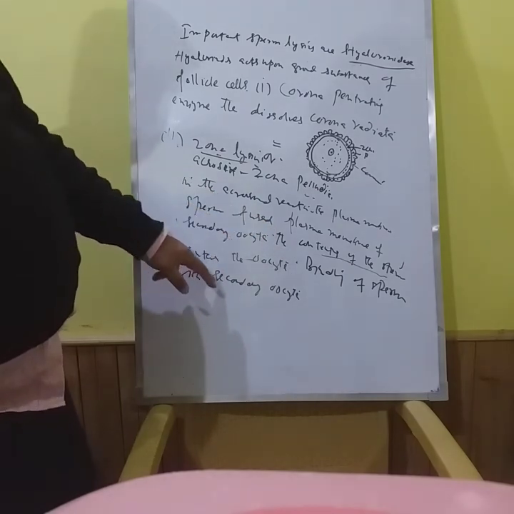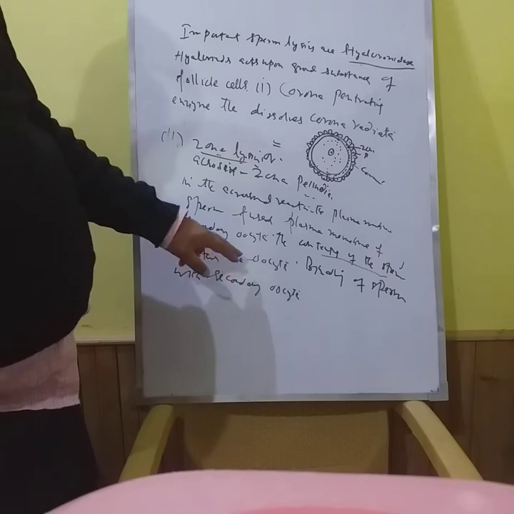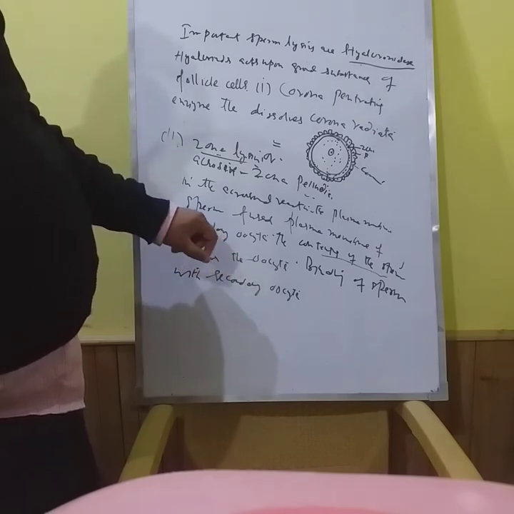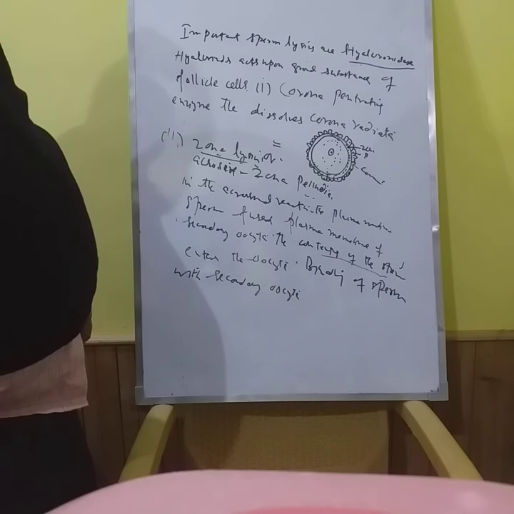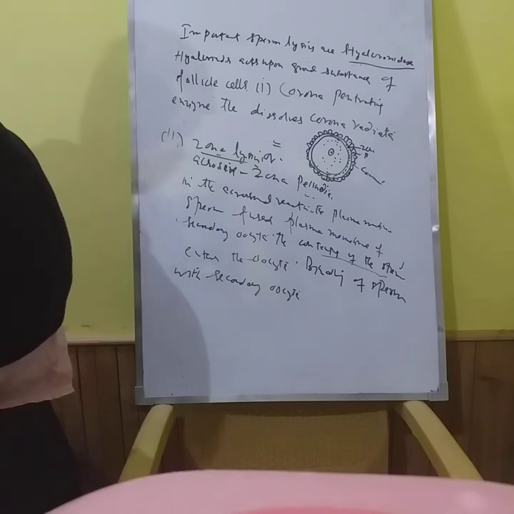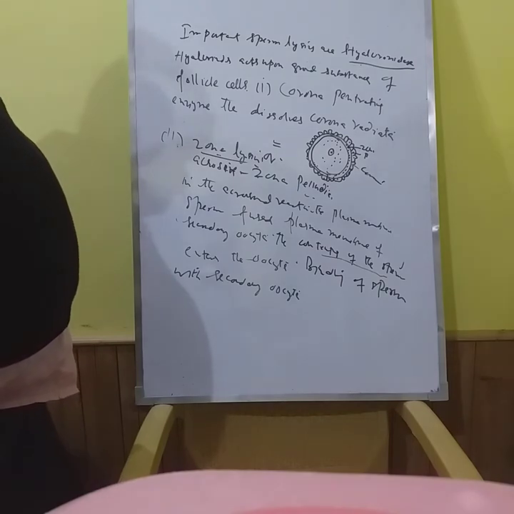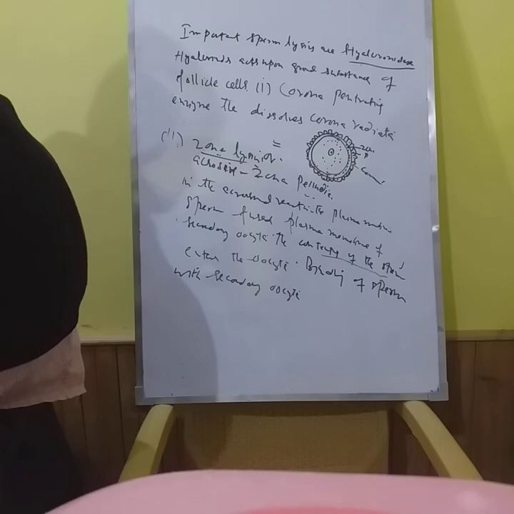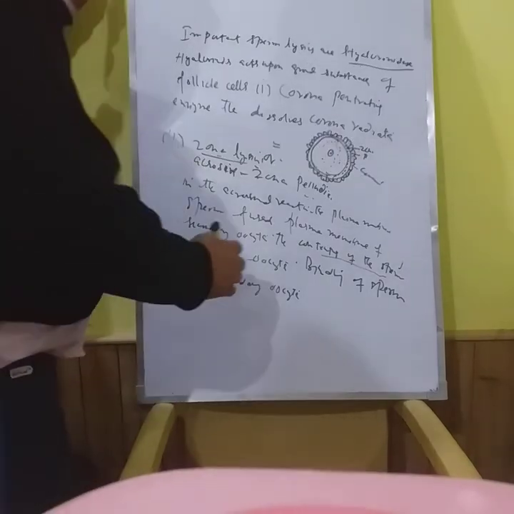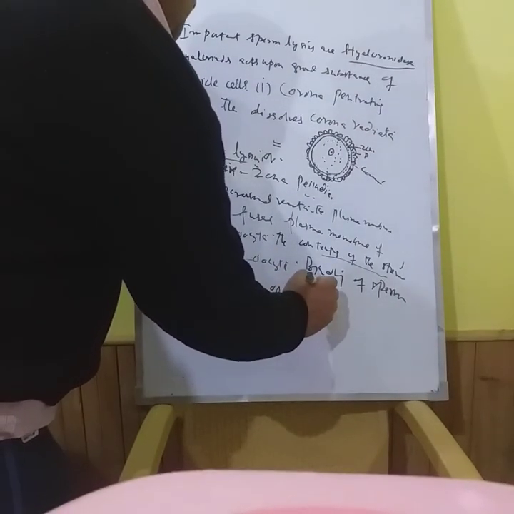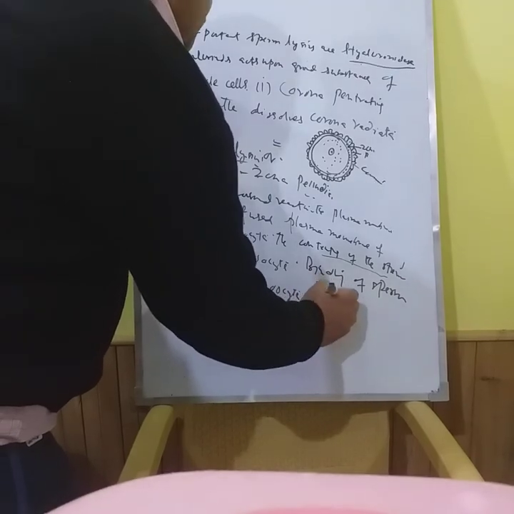with the secondary oocyte. Then it induces the depolarization of the oocyte plasma membrane. Here we can say that this depolarization means it prevents polyspermy.